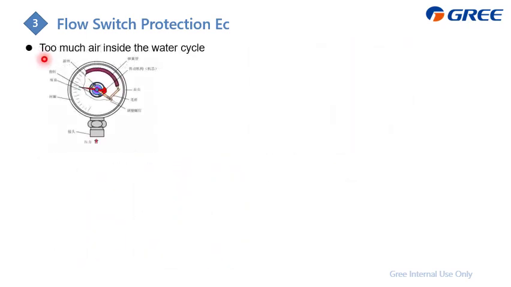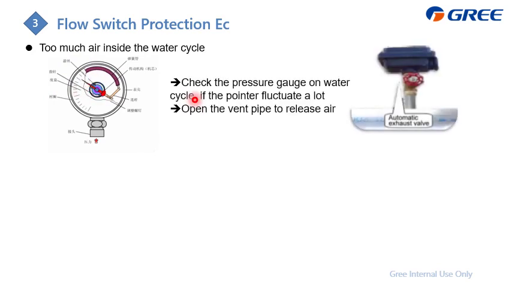If there is too much air inside the water system, you will find on the pressure gauge that the pointer will fluctuate a lot. That means there is too much air inside it. At that time, you need to open the bend pipe to release the trapped air inside.